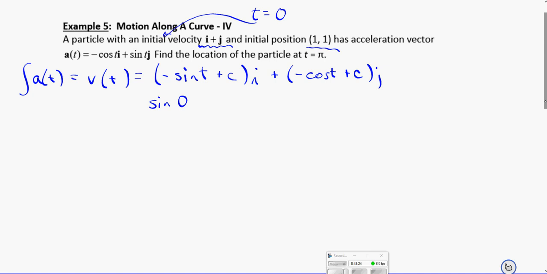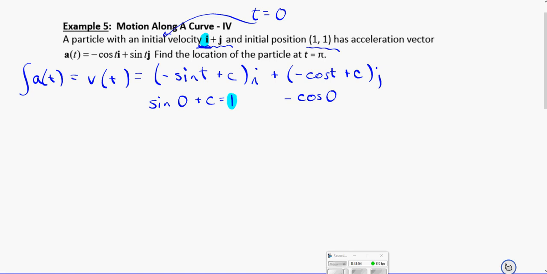Negative sine of initial time 0, plus c gives us 1, because that was the coefficient on i. Okay, so that's where I got the 1 from. So now I know c equals 1, because the sine of 0 is 0.